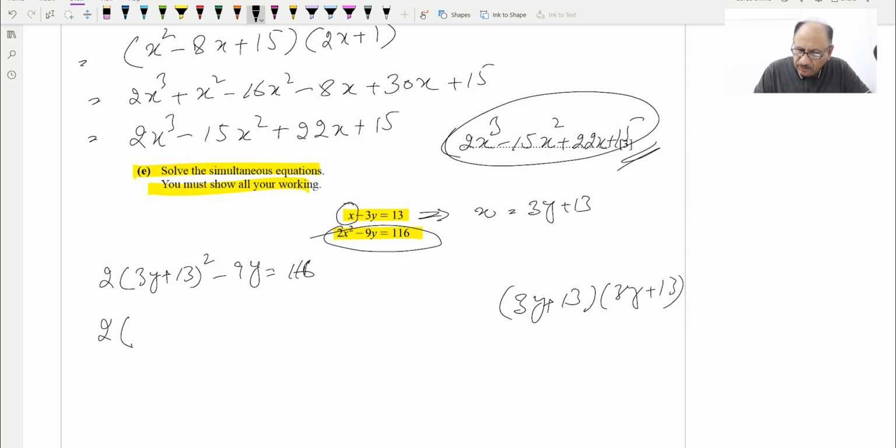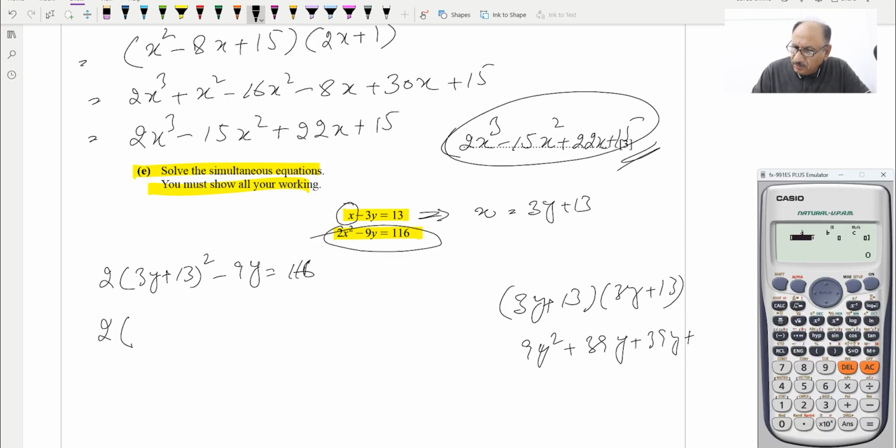So this will be 3y into 3y will be 9y square, then 13 into 3 will be 39y, and then 39y, and plus 13 into 13.